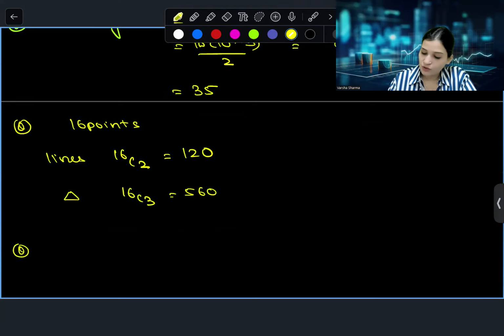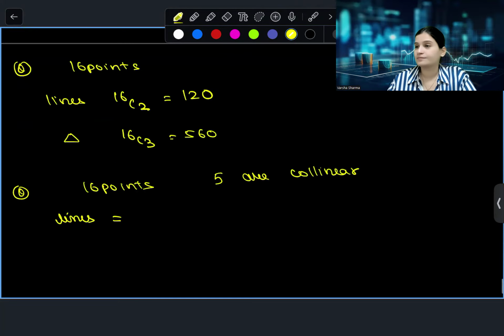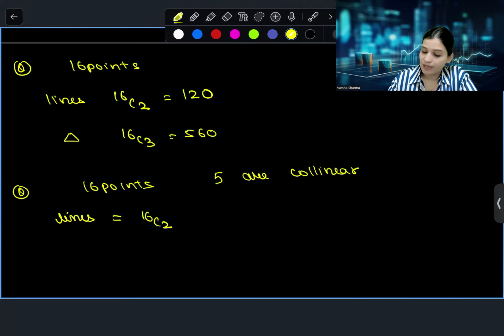If I say that out of 16 points, 5 are collinear, then how many lines? It will be total lines minus the collinear ones plus 1. This is 120, this is 10, this is 1.